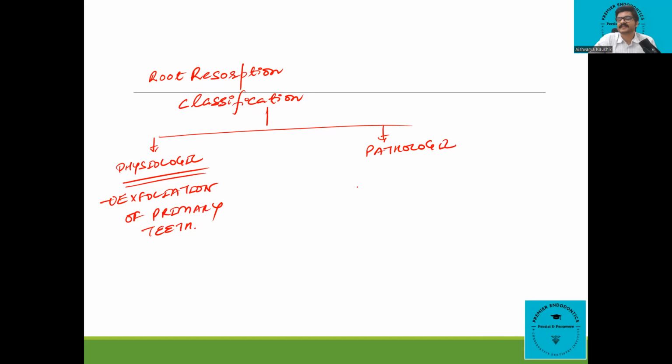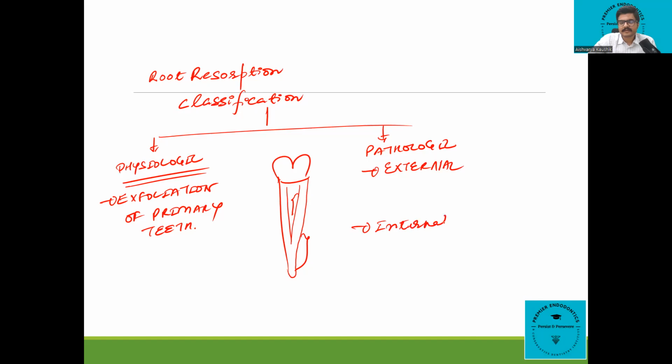Now, in the pathologic, depending on what part of the root is being resorbed, whether the external surface is being resorbed or the internal root canal wall dentine is being resorbed, we have external root resorption and we have internal root resorption.